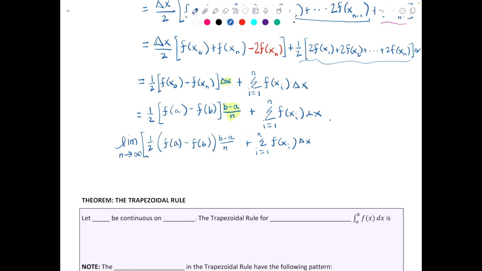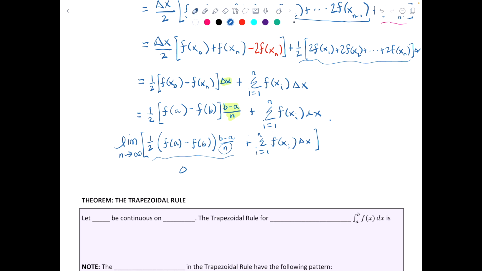we have to show that this limit approaches the definite integral. All right? And so here, this first limit, do you see, because of this n denominator, will end up being 0, right, when we apply the limit.